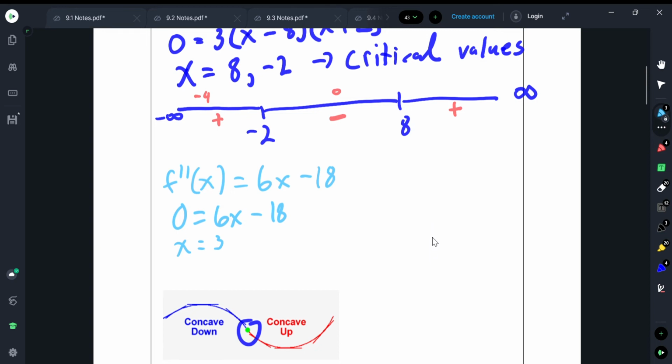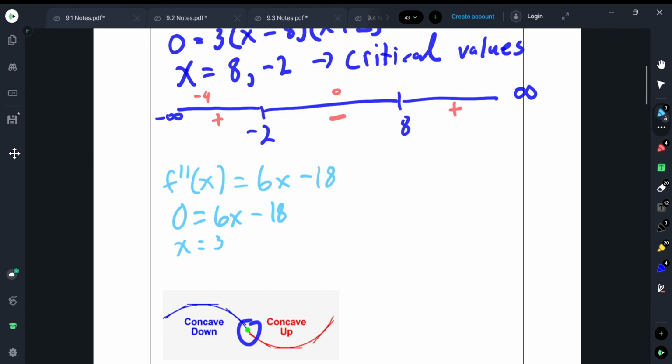We can get really close to 3, and around 3 you can see that it's going from concave down to concave up right at that point. If we zoom in, that's the point where it changes its concavity.